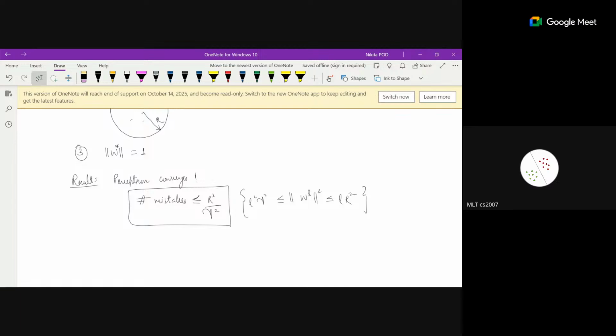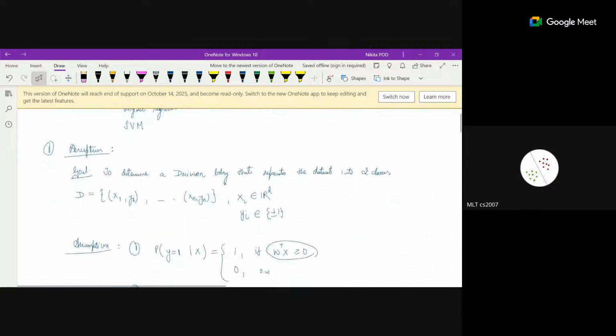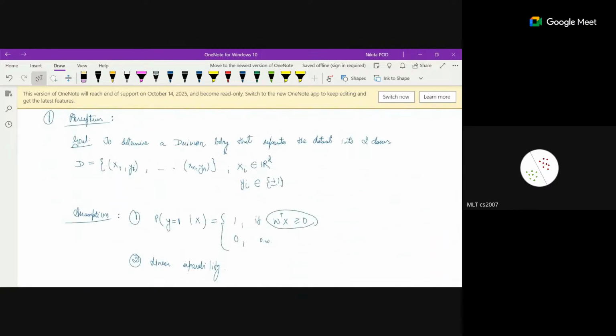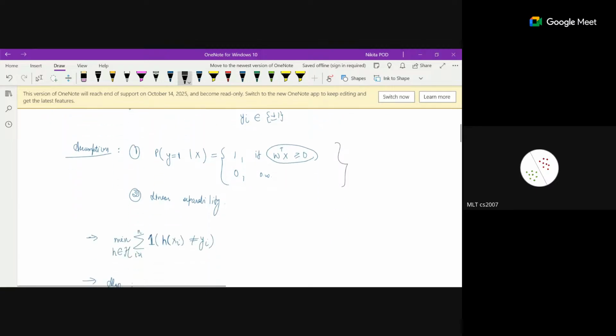All right. So what did we see in perceptron? The goal was to find a decision boundary that clearly separates the data set in two classes. And this is the assumption that we had made on the data set: probability of y equal 1 given x should be 1 if this is positive and 0 otherwise. And the second was the linear separability assumption.